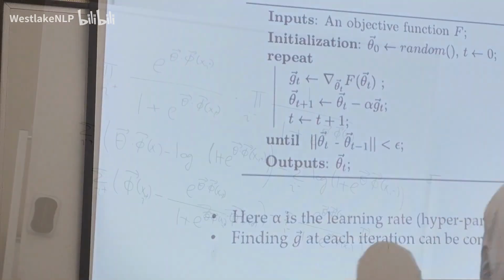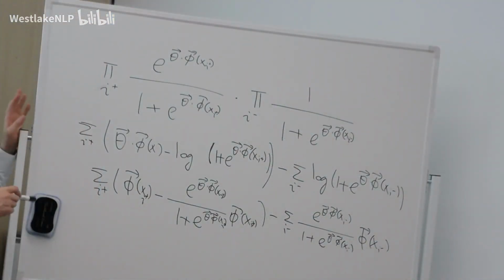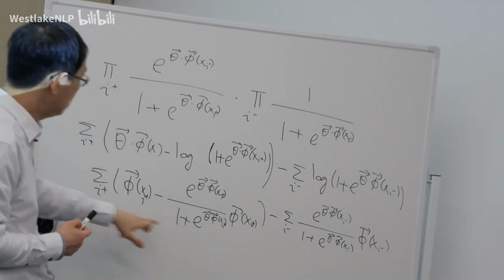But when you get this principle, you look at the gradient again. So this gradient is a little bit complicated, right? Can we simplify this a little bit so that we can better understand it? So let's just look at this part, okay?